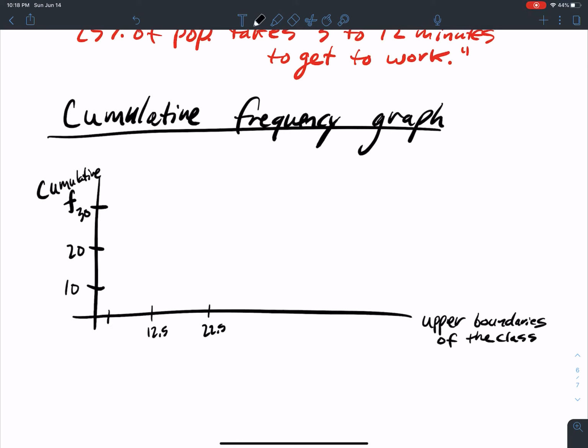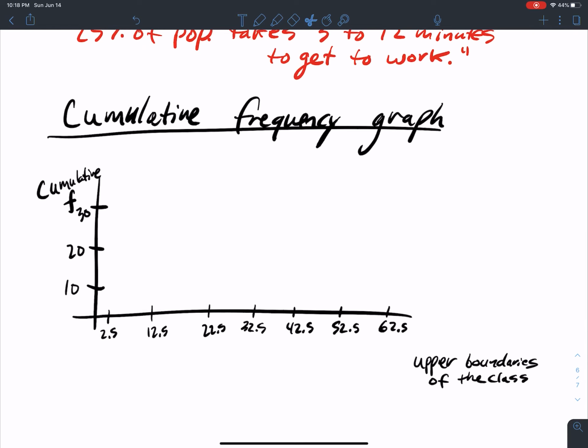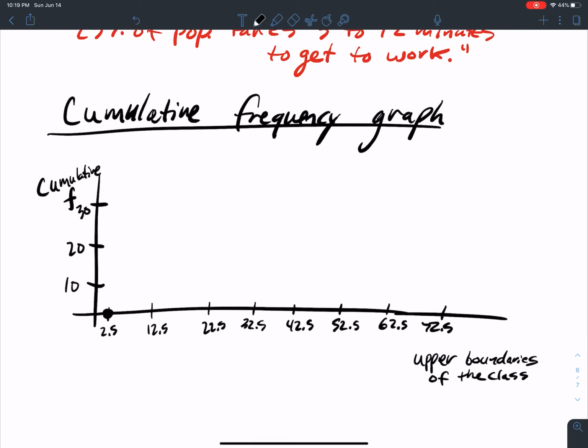And so that means at the 0 mark, that was the 2.5. Okay, and then we had 32.5, 42.5, 52.5, 62.5, and then 72.5.